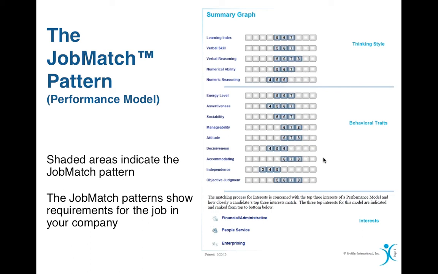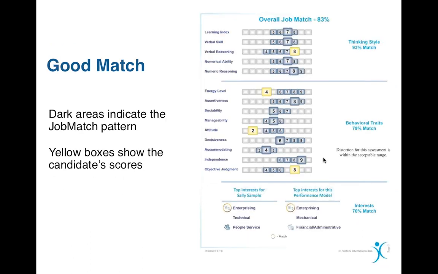Let's say maybe five top performers. Now, what you see here is an example of a good match. Now, the dark areas indicate the job match pattern, and the yellow boxes show the candidate's score against the performance model or benchmark, as you will.